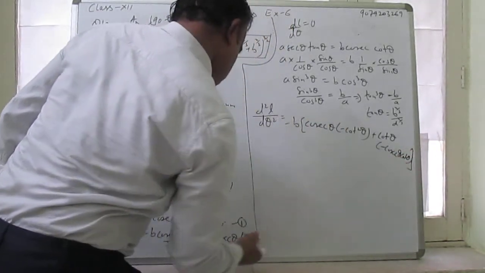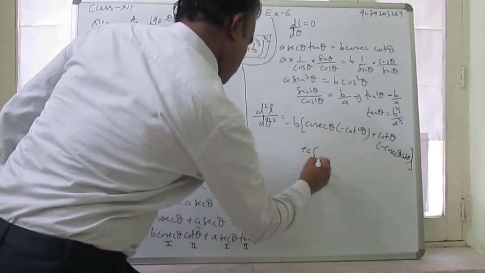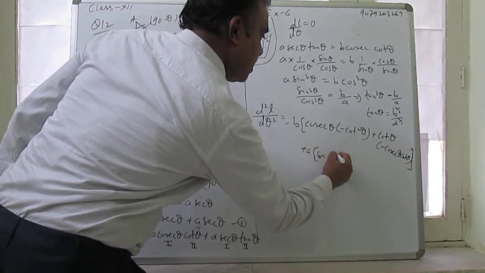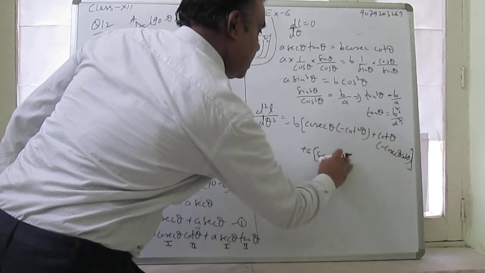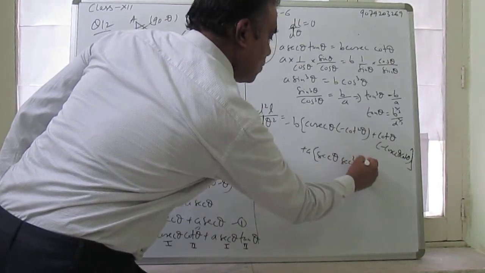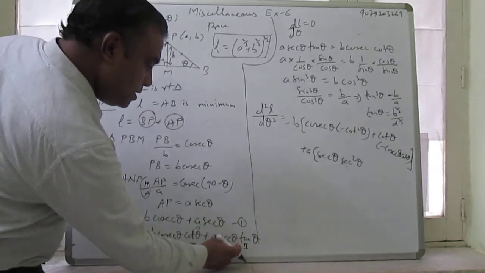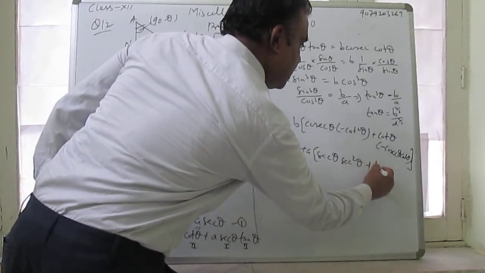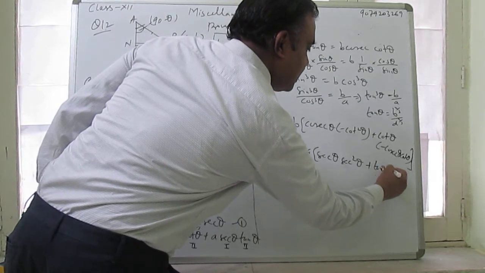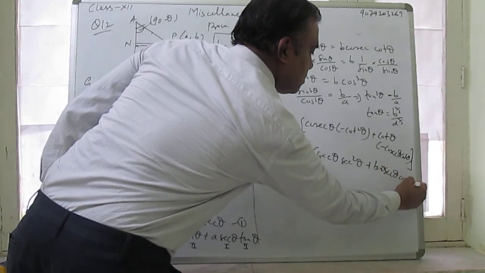Now again you take A common: first function sec theta into sec square theta plus second function tan theta and sec differentiates to sec theta tan theta.